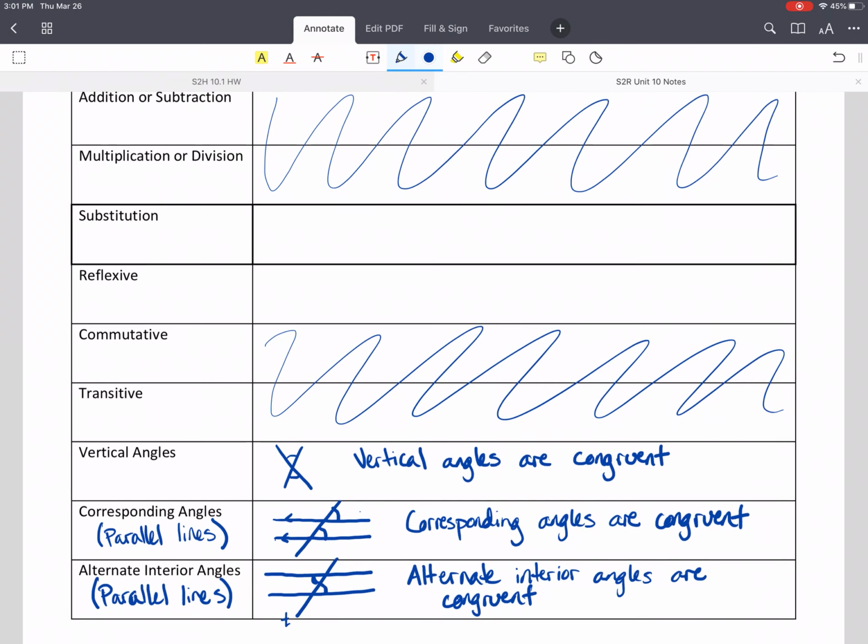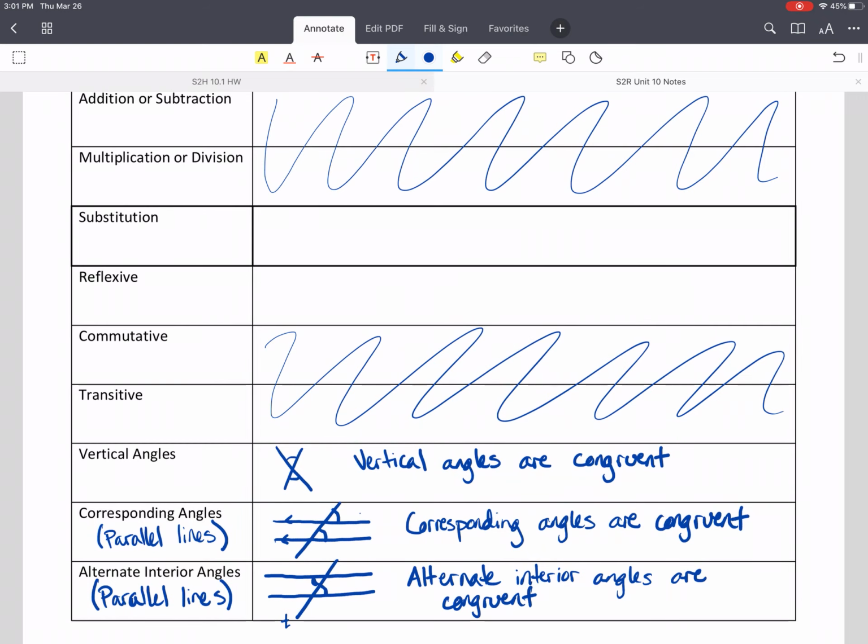The only other 2 properties that we're really going to need: we have the substitution property. This would be like, we're basically replacing a quantity with a name. So this also means that I can plug something in for something else, substituting something in.